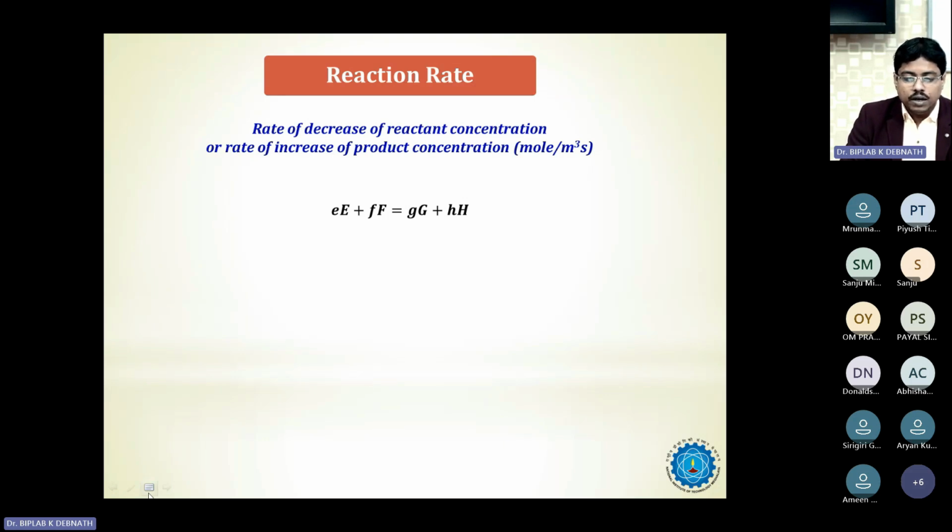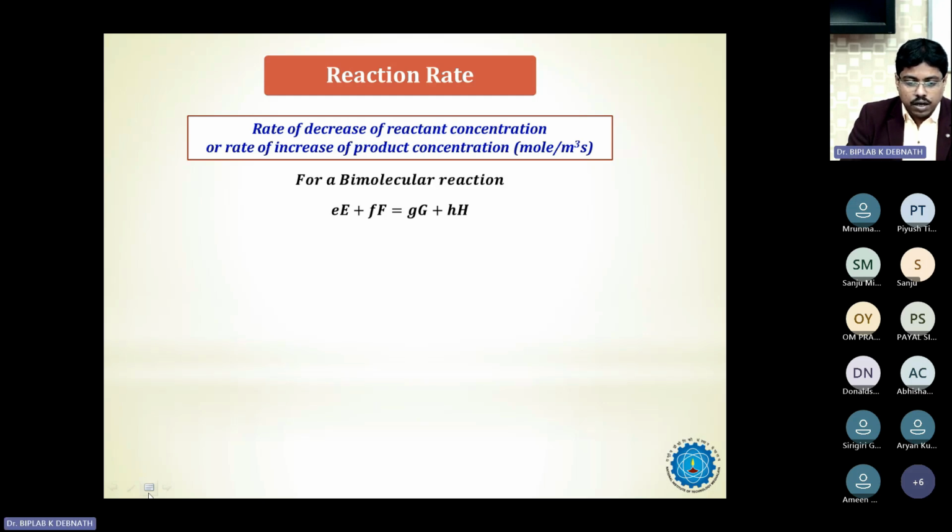They perform a chemical reaction between them and produce the products capital G and capital H having quantity small g and small h. So if it is the chemical reaction, then the rate of decrease of reactant concentration or rate of increase of product concentration is known as reaction rate. So the reaction is bimolecular in nature, as you can see over here.